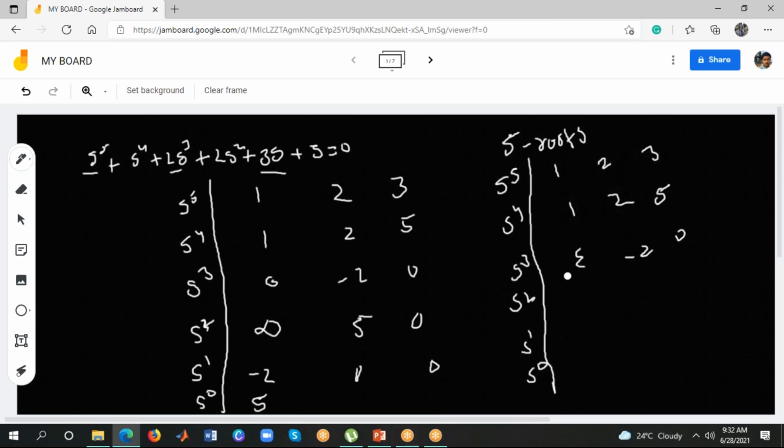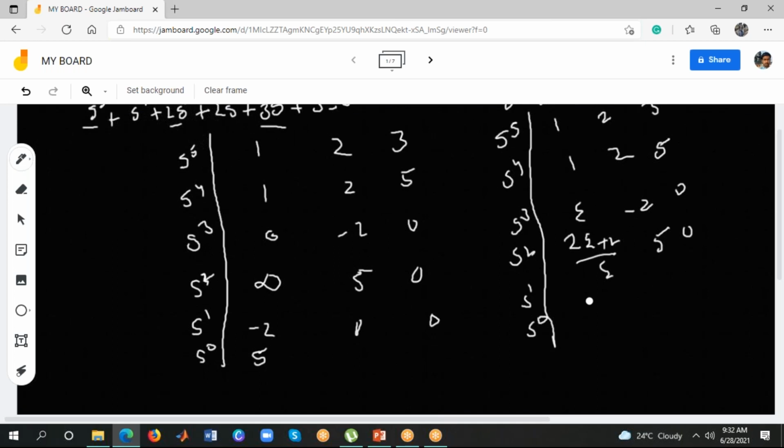Now, if you simplify the preceding rows, 2 epsilon plus 2 divided by epsilon. Here you will get 5 and 0. Next, what will you get? Next row, if you simplify this, minus of that is 4 epsilon and 5.